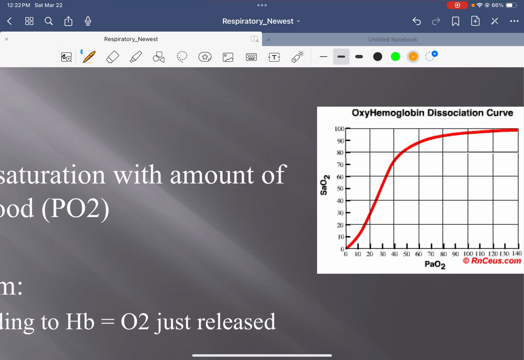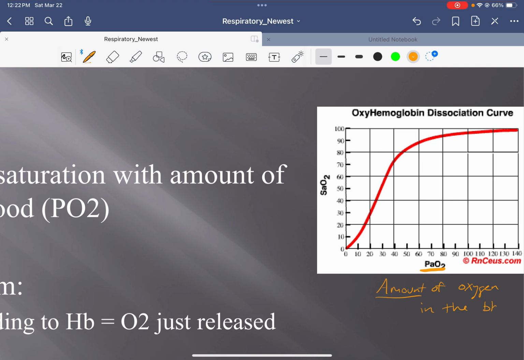Let's talk about what this curve is comparing. This is comparing the partial pressure of oxygen. Another way of saying partial pressure of oxygen would be saying amount of oxygen in blood. So this is looking at the amount of oxygen in the blood.